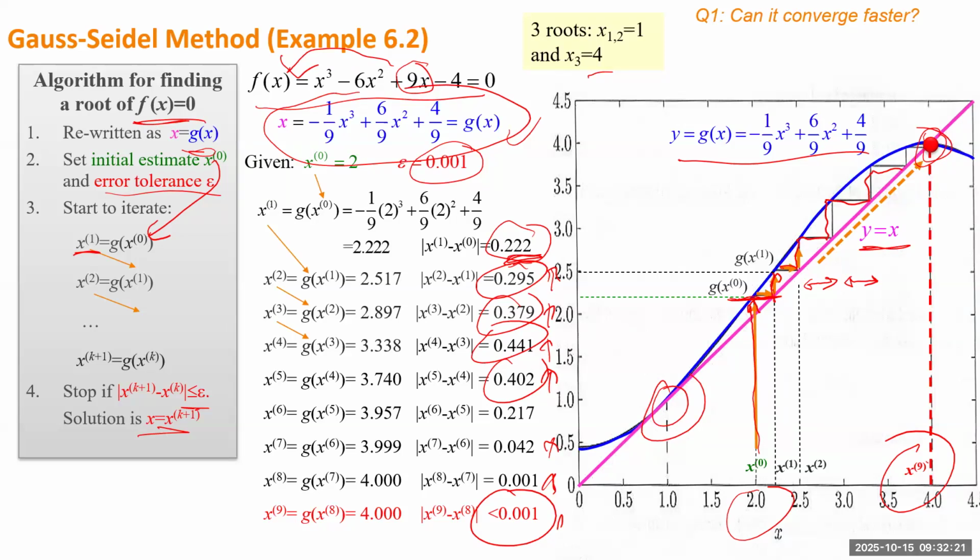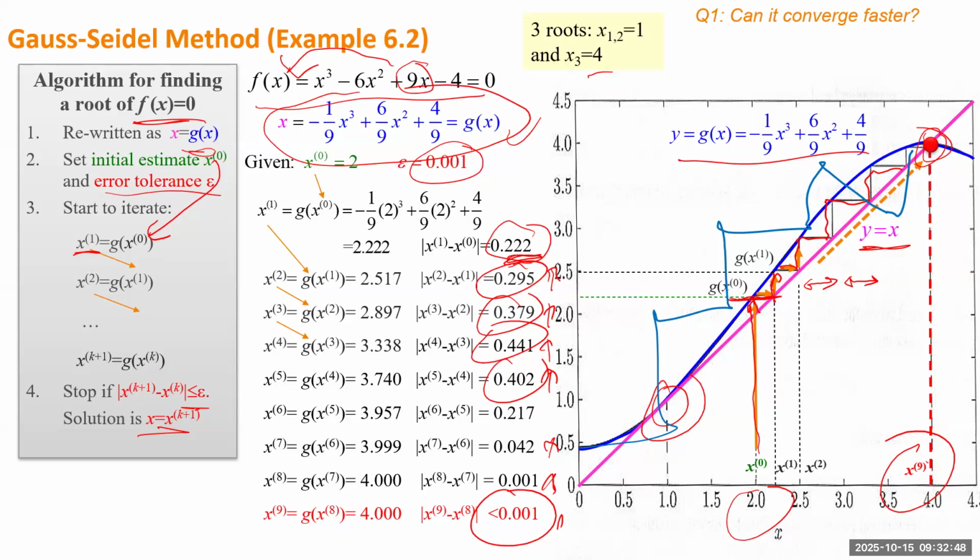This is a realization of the Gauss-Seidel method. This blue curve can be any function. It doesn't matter. Even if the function is not smooth, it can be piecewise linear, you may still have hope to converge to the root if you are close enough based on the initial guess.